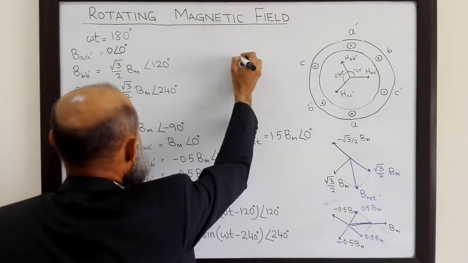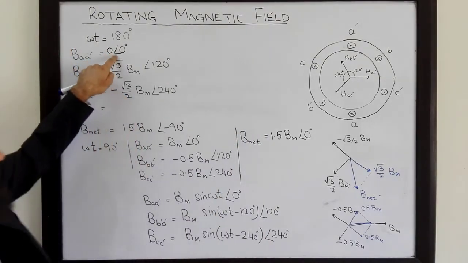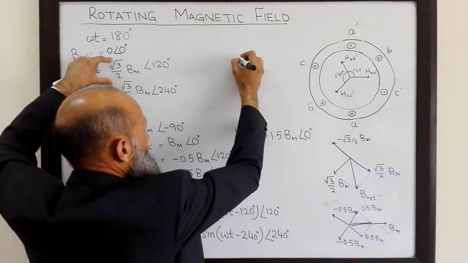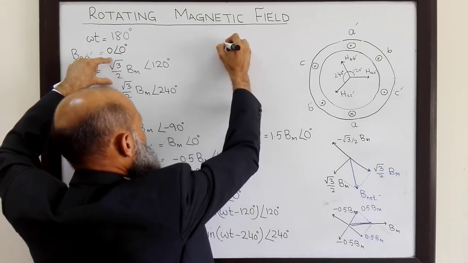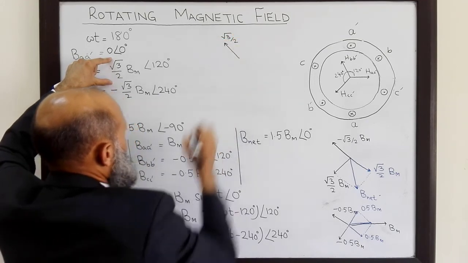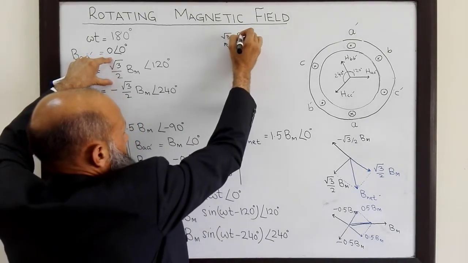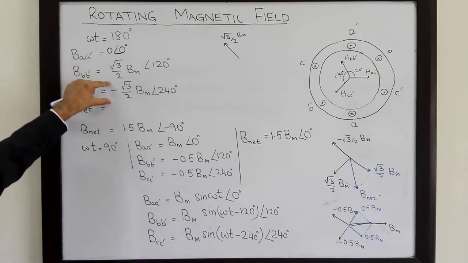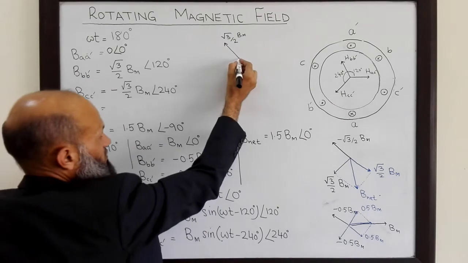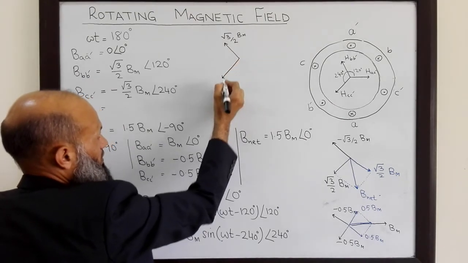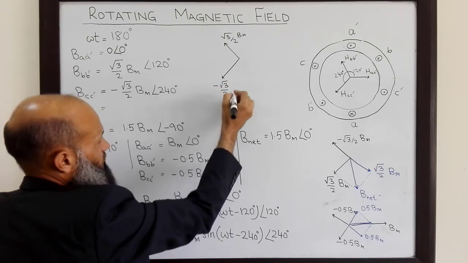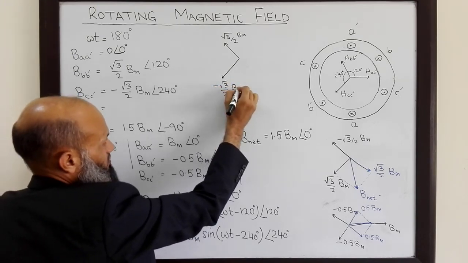The first vector has magnitude 0 and an angle of 0 degrees. The second vector has an angle of 120 degrees and magnitude of square root of 3 by 2 Bm. And the third vector, angle of 240 degrees and magnitude of minus square root of 3 by 2 Bm.